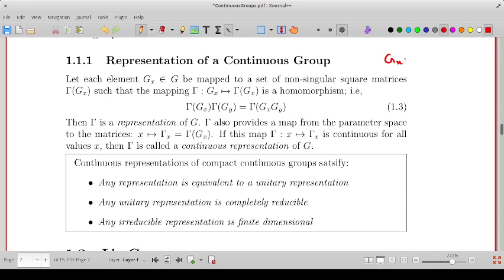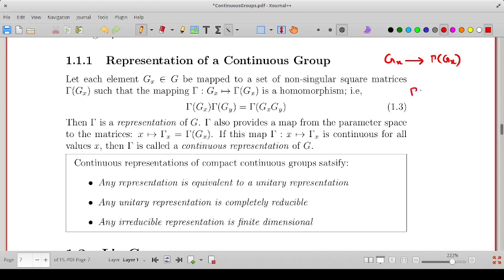Suppose each of these group elements is mapped to a particular matrix, which we denote by gamma Gx. So given a group element Gx, we map it to a non-singular square matrix gamma Gx. So there will be one such matrix for each of the group elements.